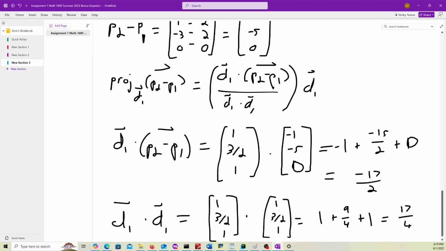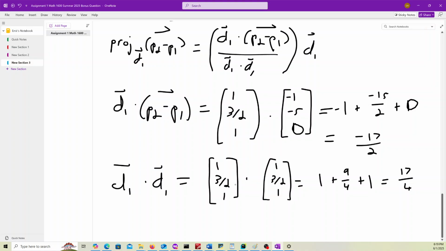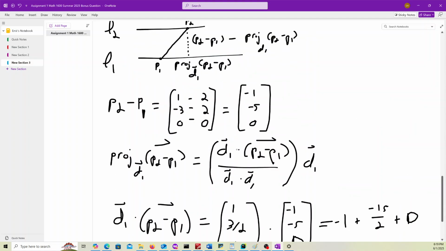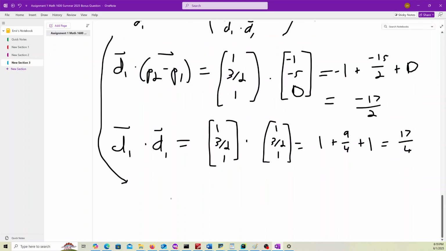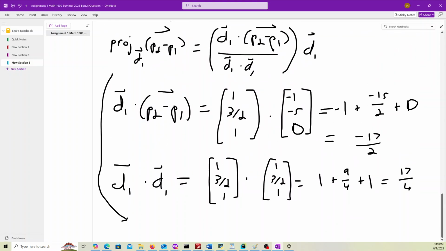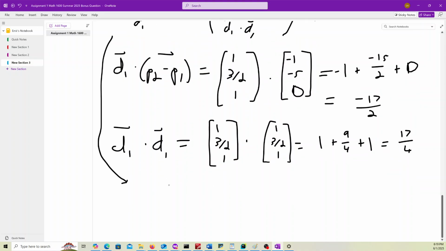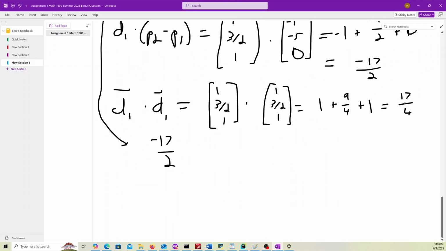Now, substituting our dot product values into the projection vector equation, D1 dot P2 minus P1 is equal to negative 17 over 2. D1 dot D1 is equal to 17 over 4, and so if we're dividing them, we can simply multiply by the reciprocal, 4 over 17.